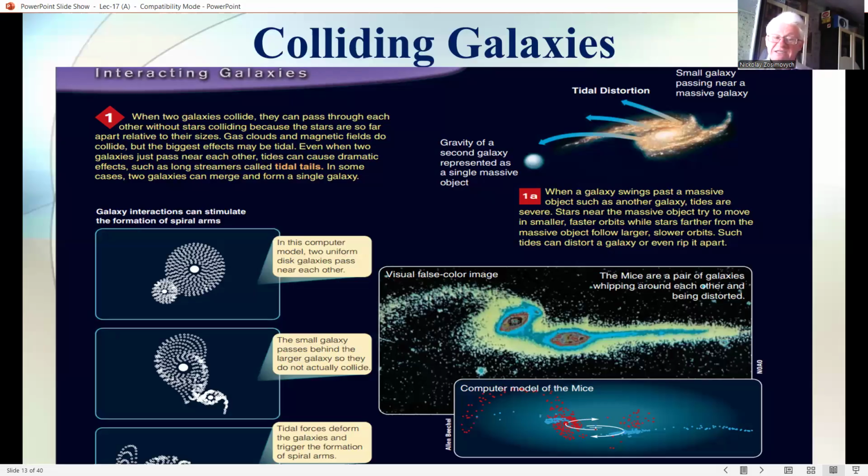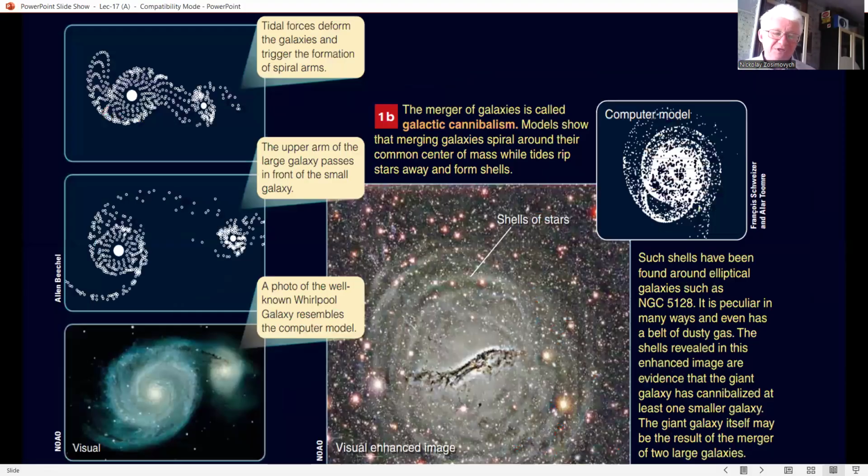Study interacting galaxies and notice 4 important points and 3 new terms here. First of all, interacting galaxies can distort each other with time, producing tidal tails and shells of stars. Encounters between galaxies may trigger the formation of spiral arms. Large galaxies can even absorb smaller galaxies, a process called galactic cannibalism.